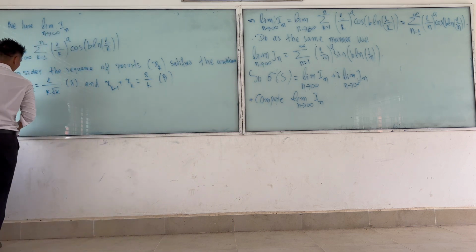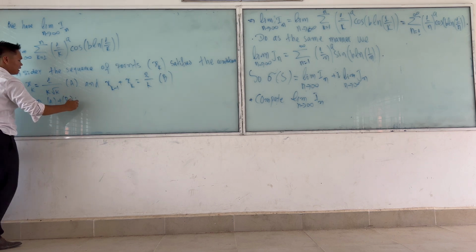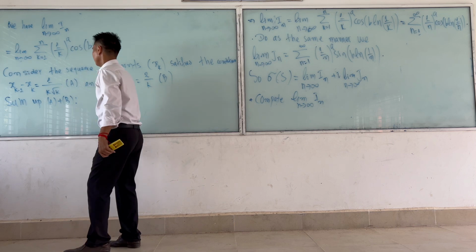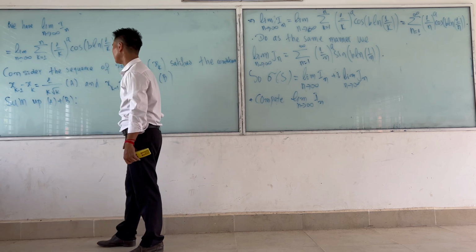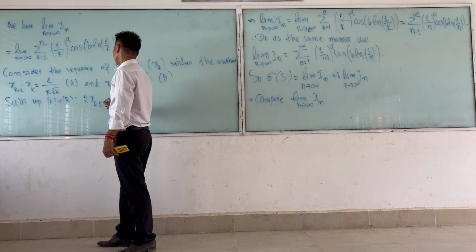Okay. So, sum up equations A and B. By summing up these two equations side by side, you get 2 times xk minus 1 equal to what?